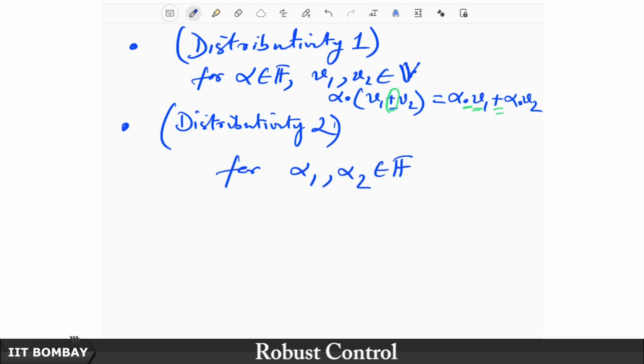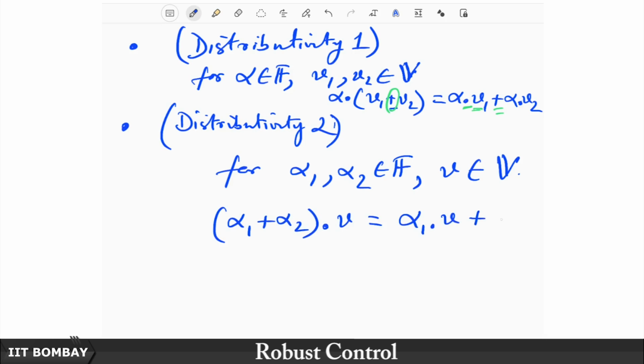Suppose you have alpha 1 and alpha 2 which are members of the field, and you have one vector V which belongs to the set V. Then you can write alpha 1 plus alpha 2 and take the scalar multiplication of this with V. It will be exactly the same as taking the scalar multiplication of alpha 1 with V and then adding it with the scalar multiplication of alpha 2 with V. Again, because we think mostly in terms of objects that we are familiar with, these all seem very trivial and obvious, but it is far from trivial. If you cast your attention a bit carefully on this, you will notice the subtlety here.